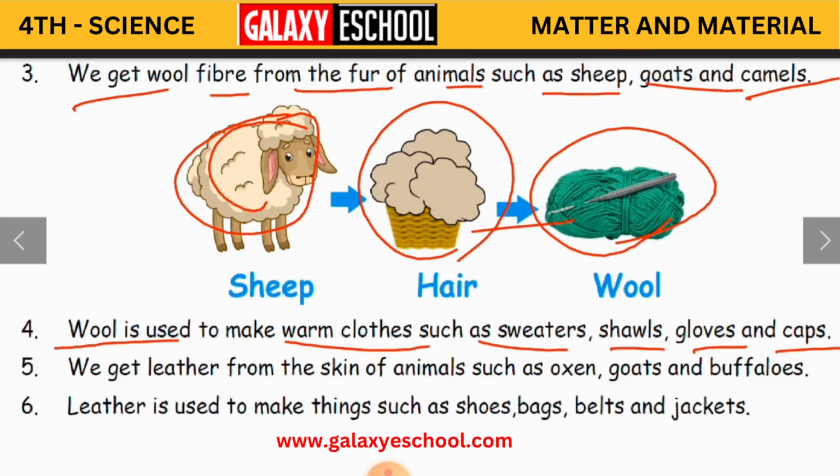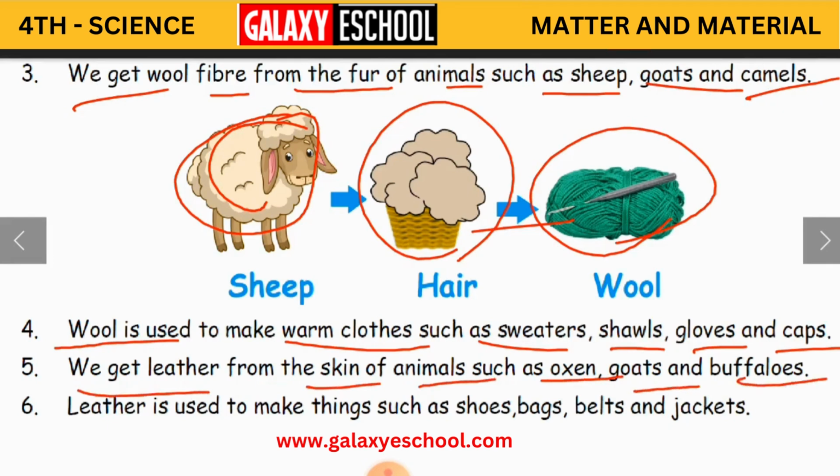Woolen fabrics like sweaters, shawls, gloves and caps are all made up with the fur of the animals.